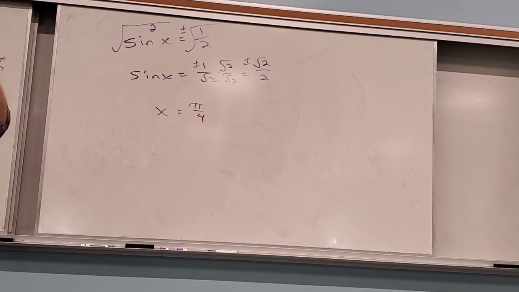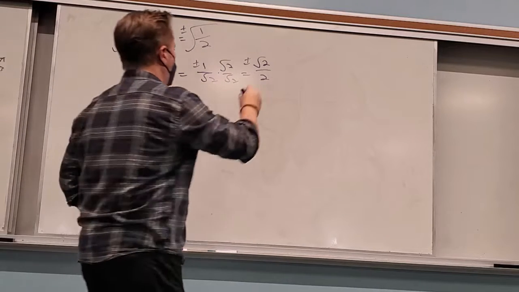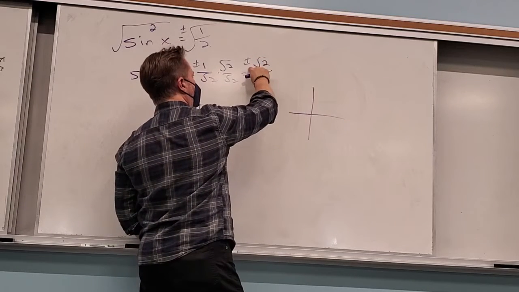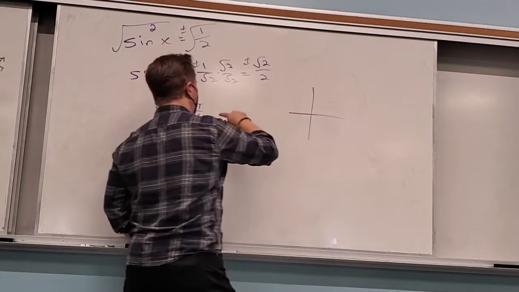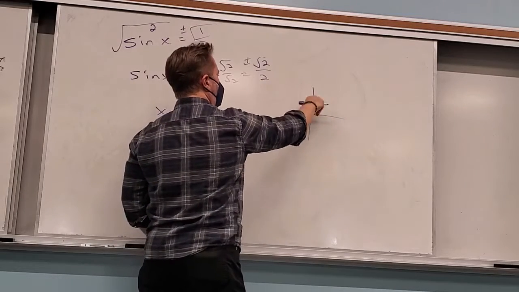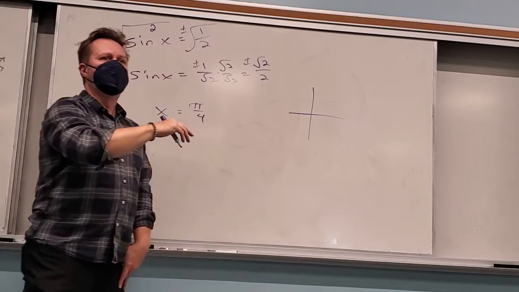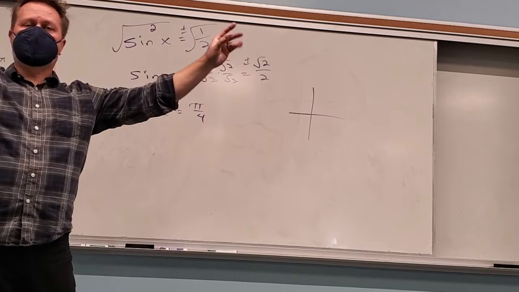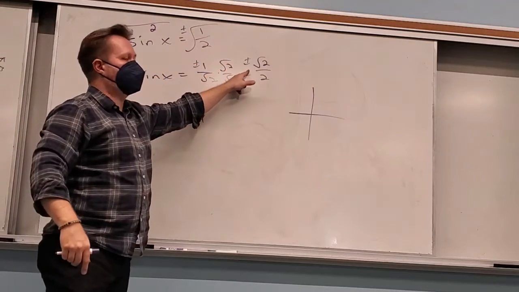I'm going to write that down because I know that's for sure. Now notice, this is plus or minus. Which quadrants could the answer be in? All of them, because sine could be positive or negative.